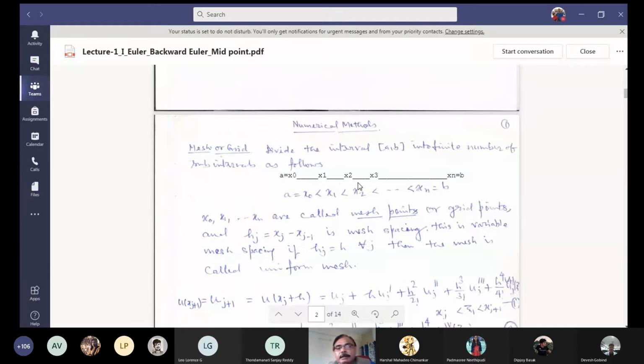It does not matter whether they are equally spaced or not. They will be called mesh points, grid points, nodal points, whatever you call them.